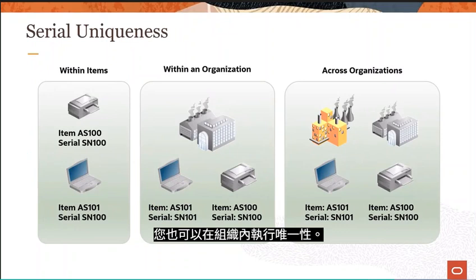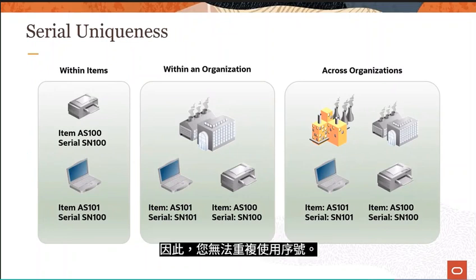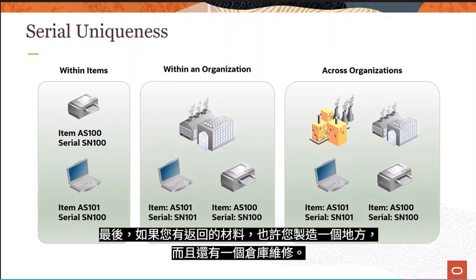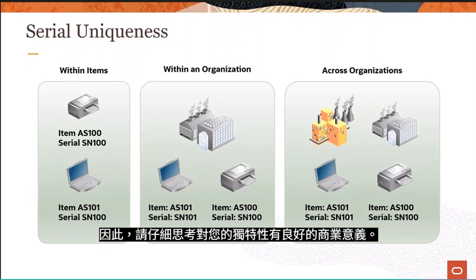You can also do uniqueness within an org, so you can reuse the serial number, and you can make it unique across orgs. That last one, if you have material that comes back, maybe you manufacture one place and there's a depot repair someplace else, uniqueness across orgs can be problematic, because when you go to bring that back in to do the repairs, the system can get confused. So think long and hard about what makes good business sense for your uniqueness.